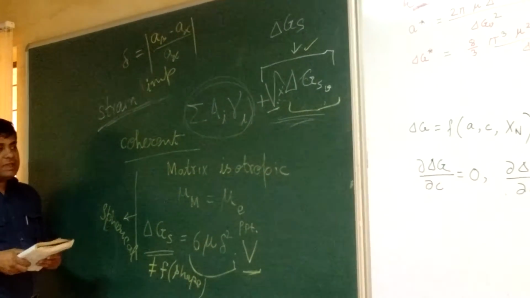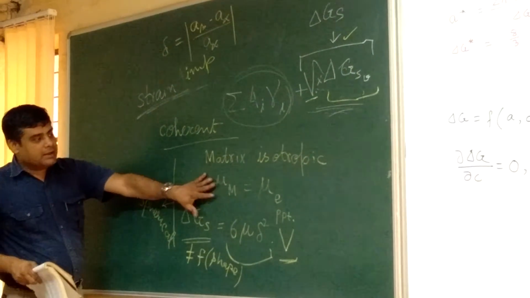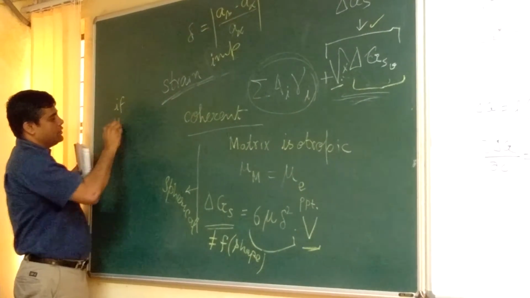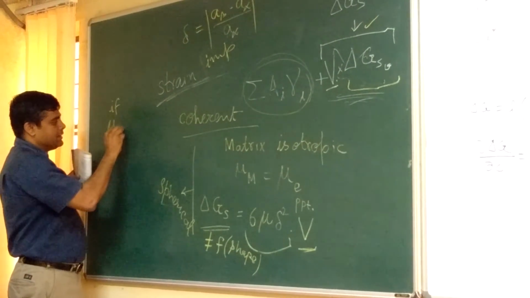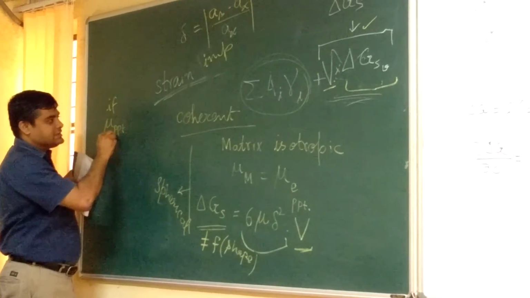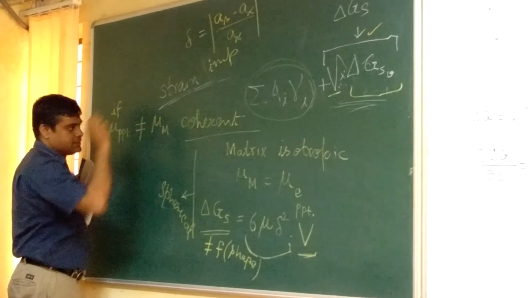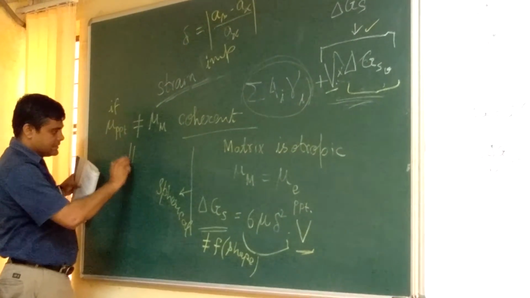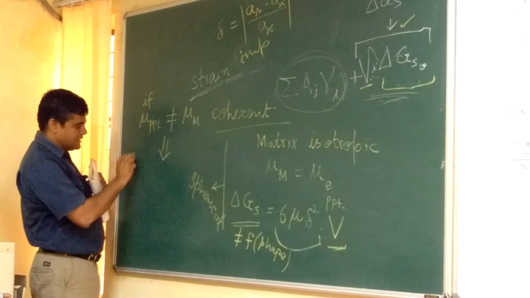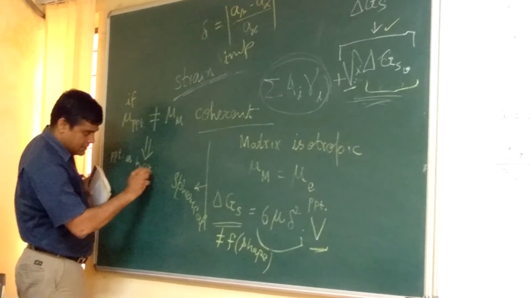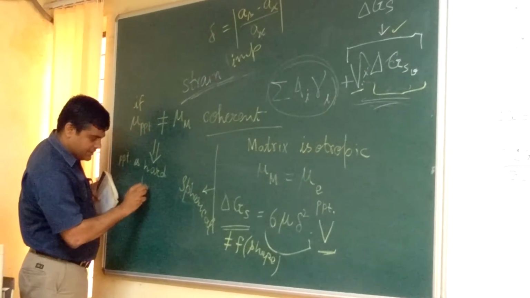But if your precipitate elastic modulus is different than matrix elastic modulus, in that case, if the precipitate is hard, then it will be a sphere.